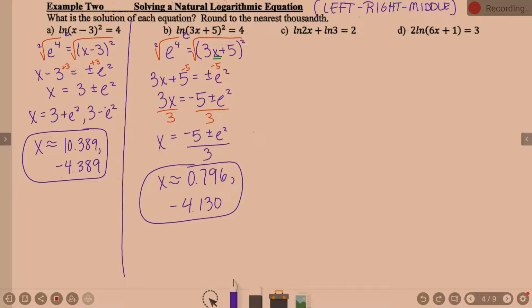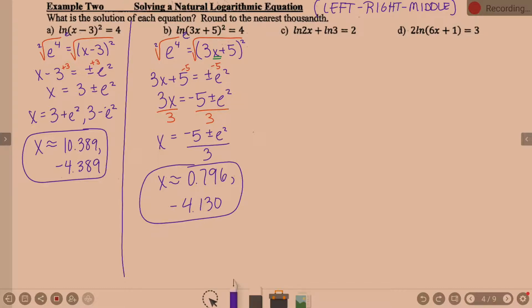So, if I was doing this, I would do the numerator first, negative 5 plus e squared, and then you need to hit equals here, unless you put that whole numerator in parentheses. So I would do negative 5 plus e squared equals, and then I would take that number, this looks familiar, doesn't it, and divide by the denominator of 3. And there's my first answer, 0.796, and the 3 tells the 6 to stay.